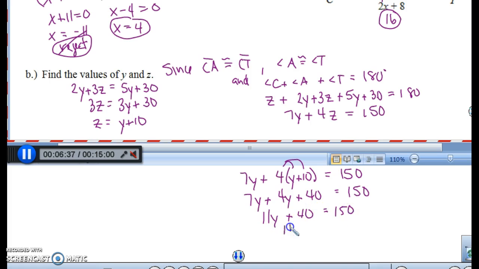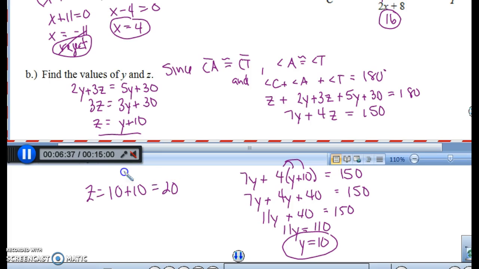Subtract the 40. 11y equals 110. Divide by 11, and y is 10. So I now know y is 10. And I can also find z because z is equal to y plus 10. So 10 plus 10 is 20.